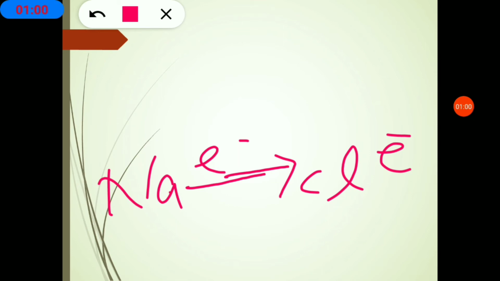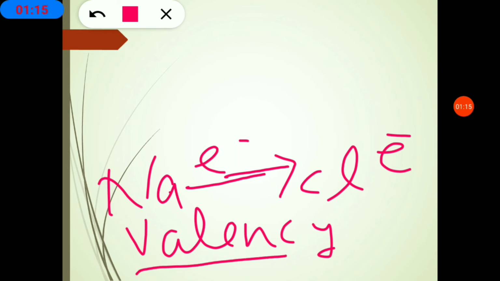So, how many electrons are donated by the sodium? And the electron which is gained by the chlorine, that is only the valency. What is that? Valency. So valency of sodium is what? 1. Why? It donated 1 electron. Valency of chlorine is also 1 because it gained 1 electron.